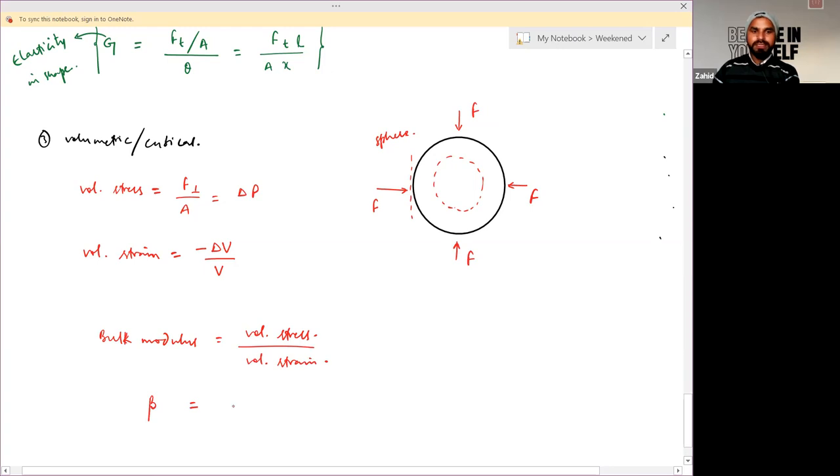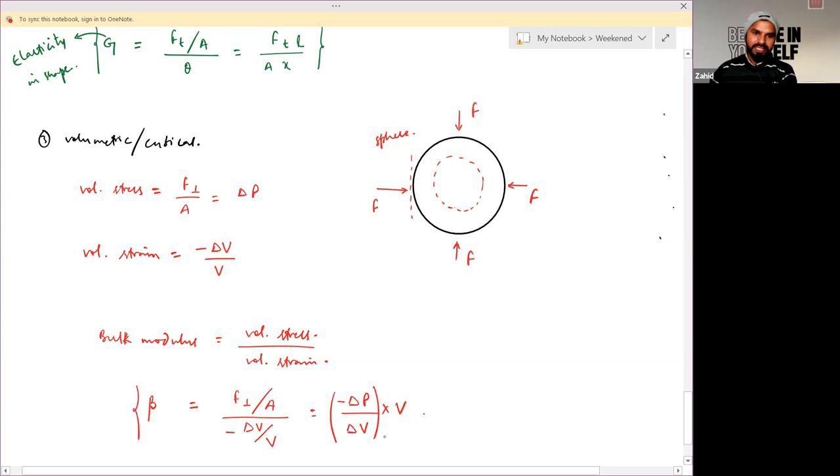Volumetric stress is F perpendicular over area of cross section, divided by volumetric strain, delta V divided by V. F perpendicular per unit area will be change in pressure divided by change in volume into V, negative sign. So this will be termed as bulk modulus.